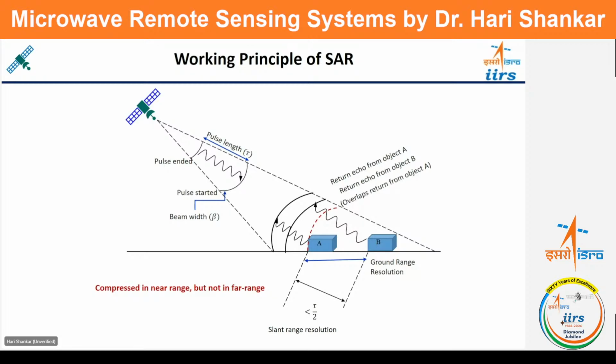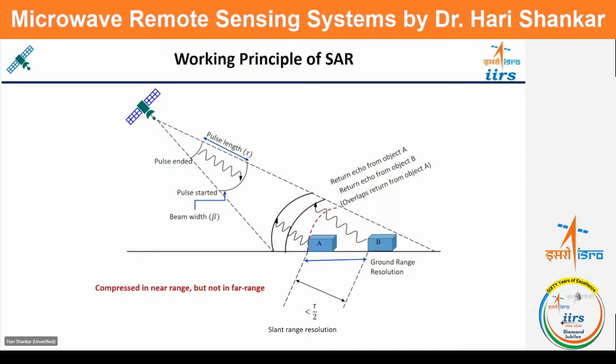In the same way, imagine these types of targets are at different distances. From each target, whatever backscatter energy is there will reach the sensor at different times, and the sensor can capture that differentiated information, the information of each and every target.